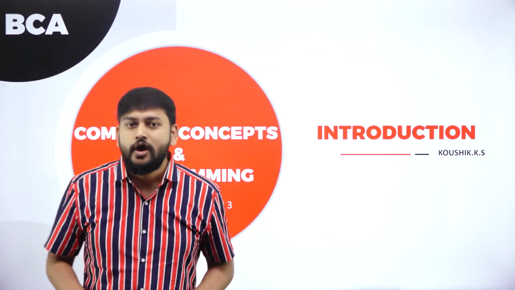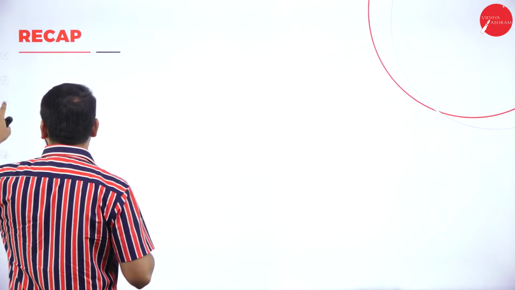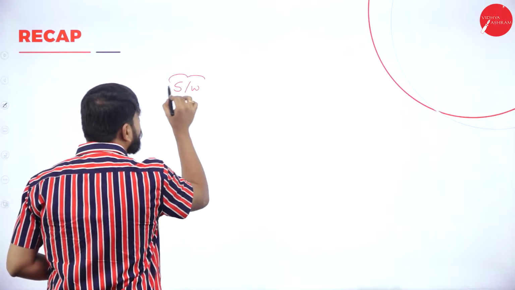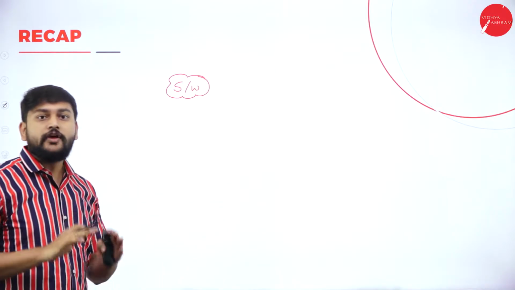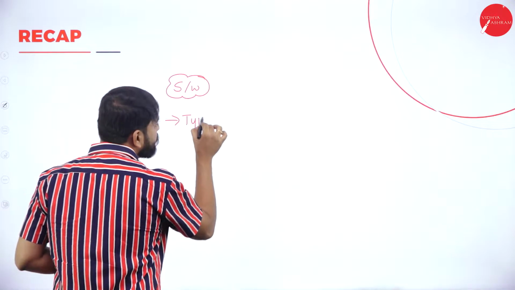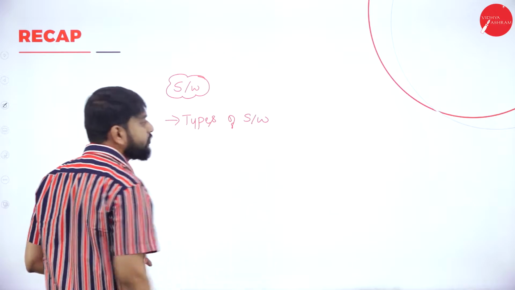I will give you a small recap before I get into today's topic, and then I will start the topic. What did we cover in the first and second sessions? Let's have a quick recap. We discussed what exactly software is all about, and then the types of software.